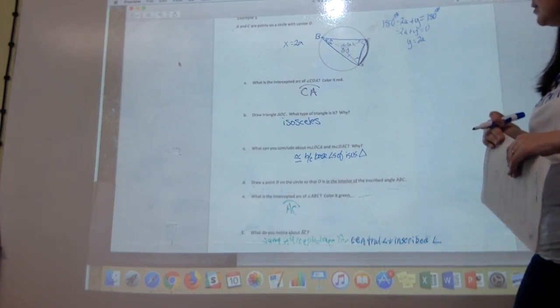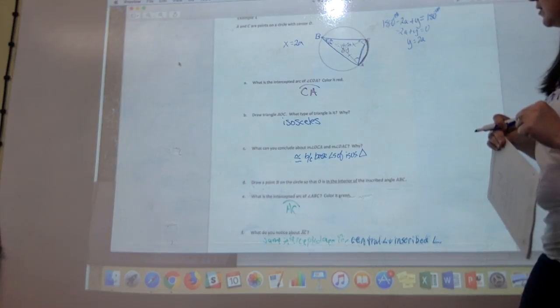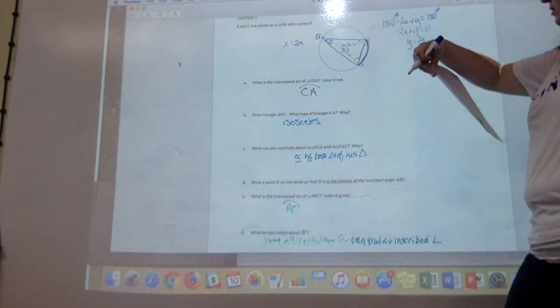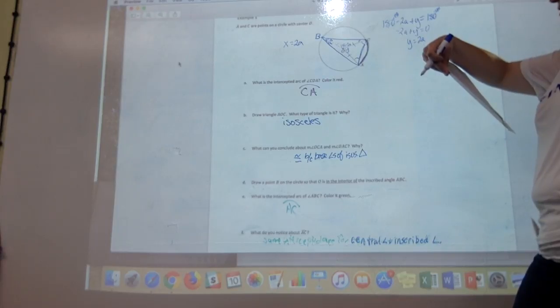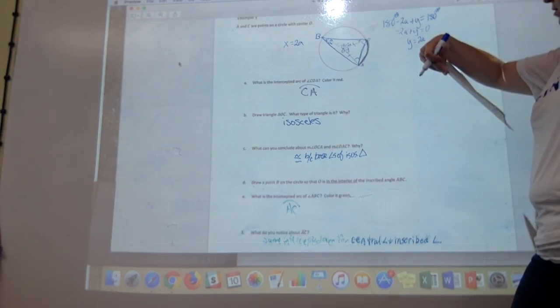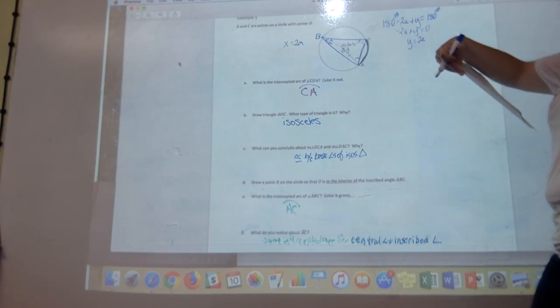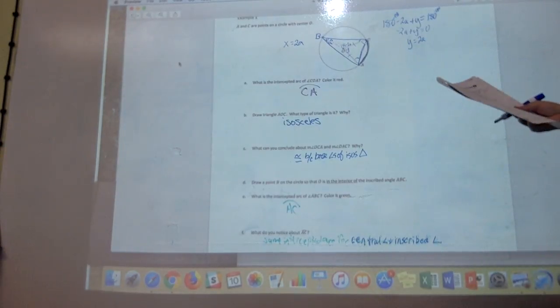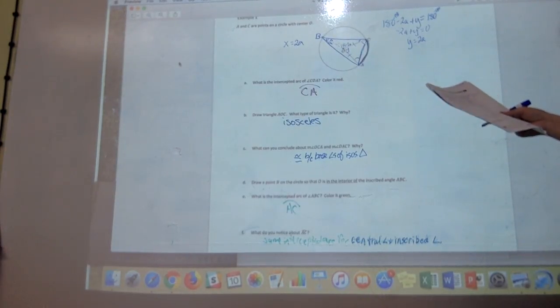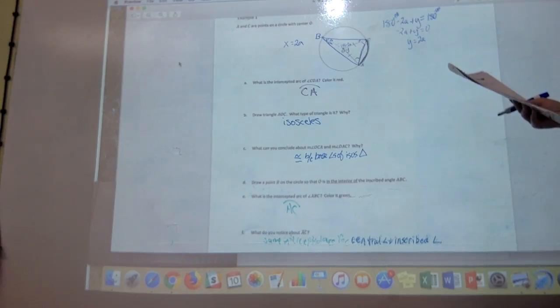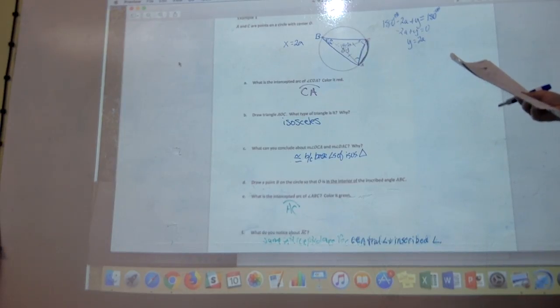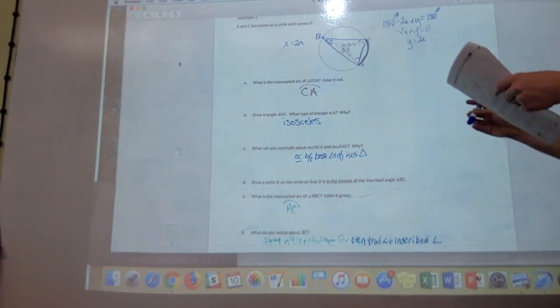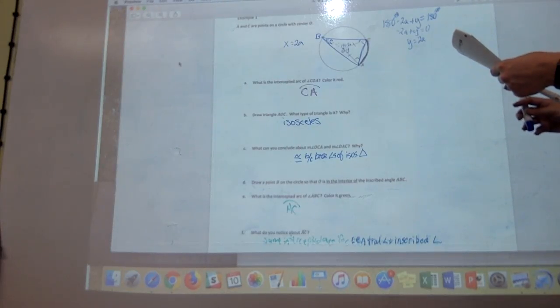That's not right. Why is this not working out? In my head I see what I did, but I don't agree with it. The math is right.